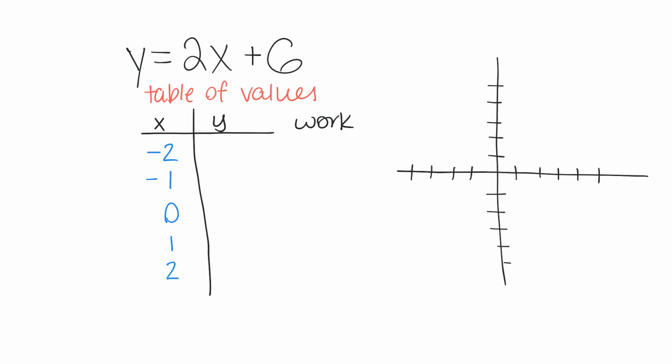Let me write down my work. I'm going to say 2 times negative 2 plus 6, and that equals y, right? So negative 4 plus 6 is 2. So 2 equals y. So I'm going to write that here in my y column.